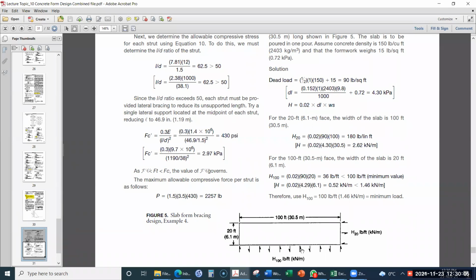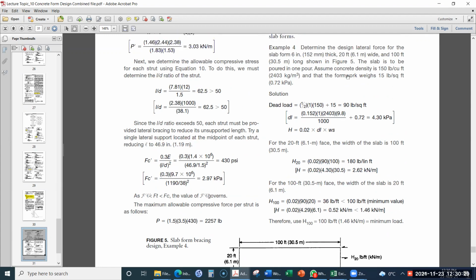One horizontal force will be acting on the smaller side, the other horizontal force will be acting on the larger side. We call them H20 and H100 respectively. So we need to determine these horizontal forces in this example.